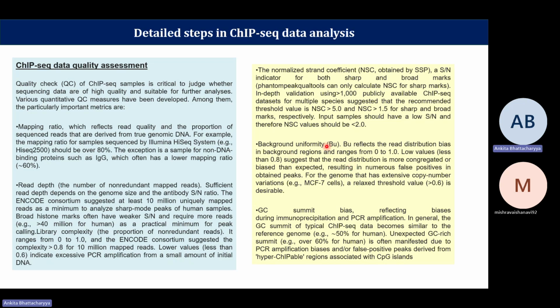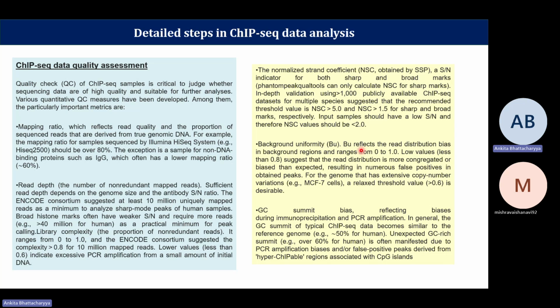Then you have background uniformity, BU, which reflects the redistribution bias in background regions and which ranges from 0 to 1. So what is the implication of this particular parameter? When there's a low value of background uniformity, it suggests that the redistribution is more congregated or more biased, which gives you more false positives in the obtained peaks.